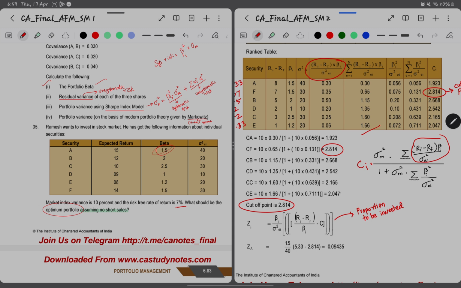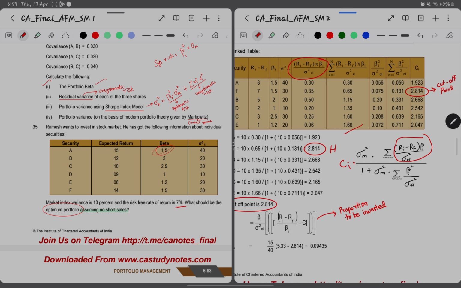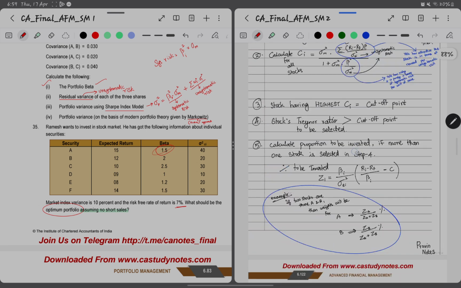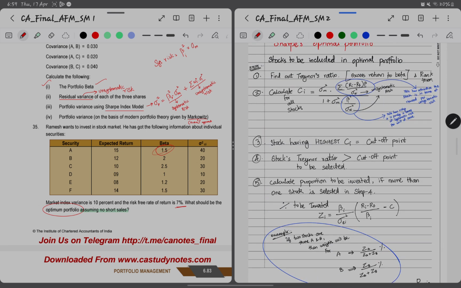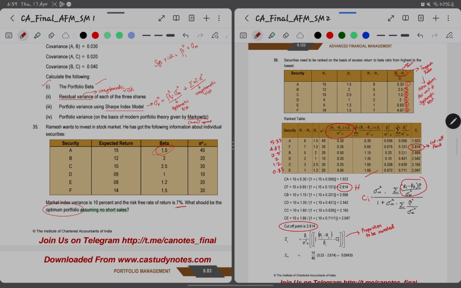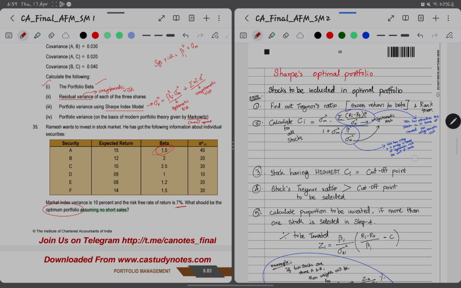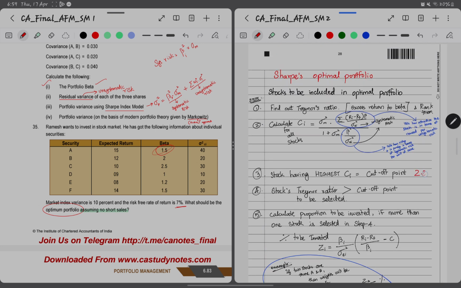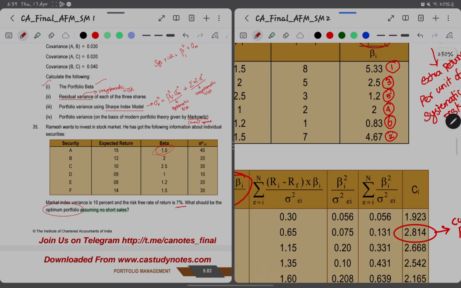Now out of these values, which is the highest one? Security F's cutoff value is the highest one, so this will be considered as the cutoff point. Now the third step: once we got the cutoff point, the highest is selected. In our case it is 2.814. Now this 2.814 we have to compare with all the Treynor's ratios which we calculated earlier, 5.33, 4.67, all those.